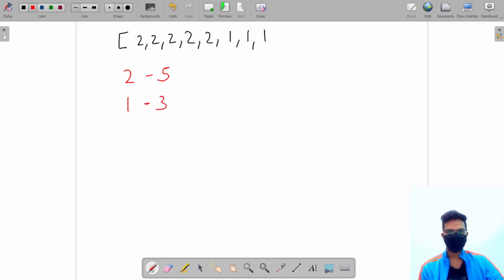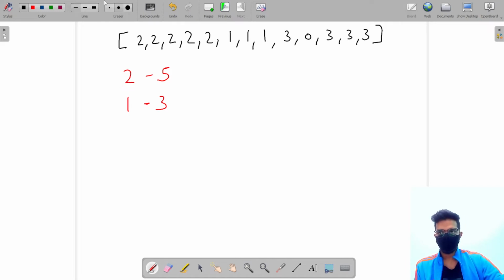How many rabbits? Three rabbits. Okay. Let's include more things. So let's say this time it is 3, 0, 3, and 3, and 3.